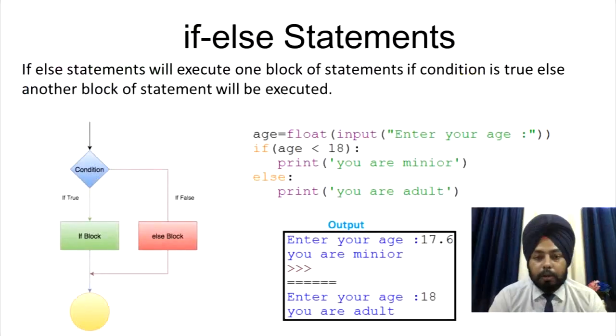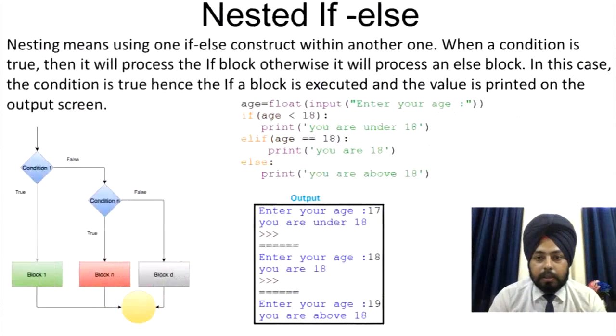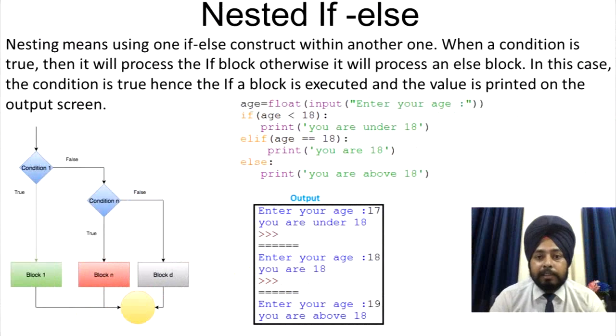Now we will discuss the next topic, that is nested if else statements. Nesting means using one if else construct within another one. When a condition is true, then it will process the if block. Otherwise, it will process an else block.